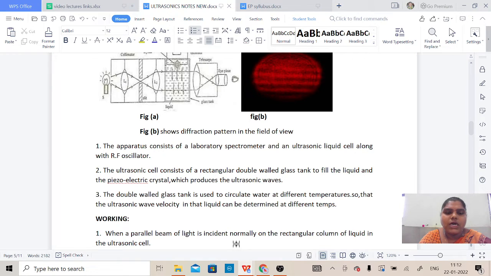The double-walled glass tank is used to circulate water at different temperatures, so that the velocity of ultrasonic waves in the liquid can be determined at different temperatures.